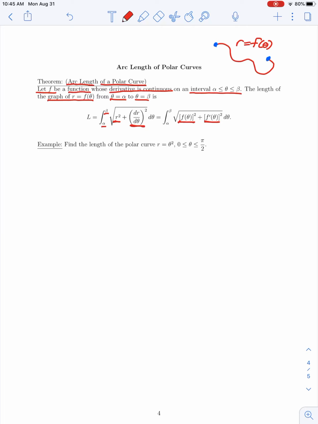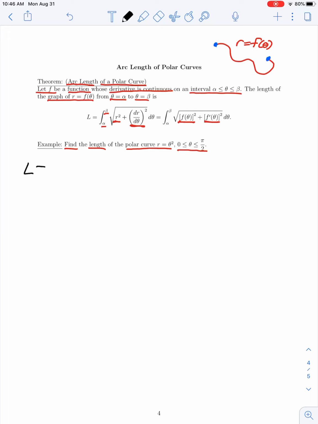So let's look at an example of this. In this last problem, we are asked to find the length of the polar curve r equals theta squared on the interval from theta equals 0 to pi over 2.